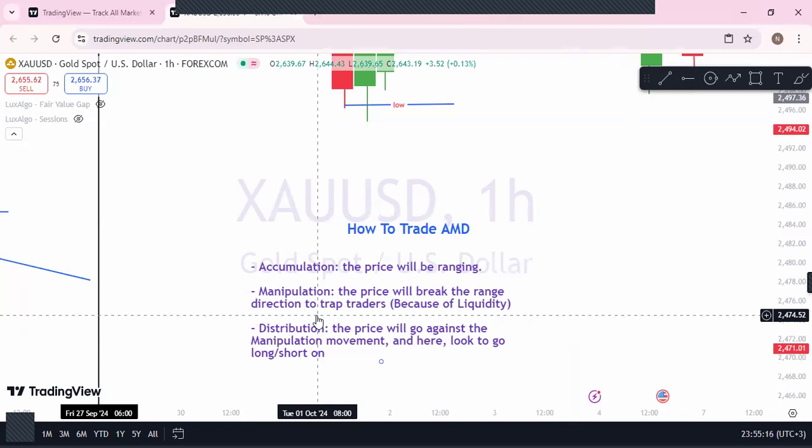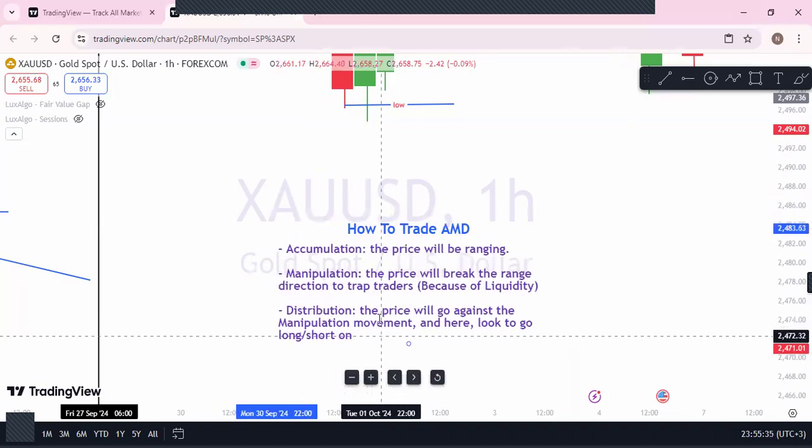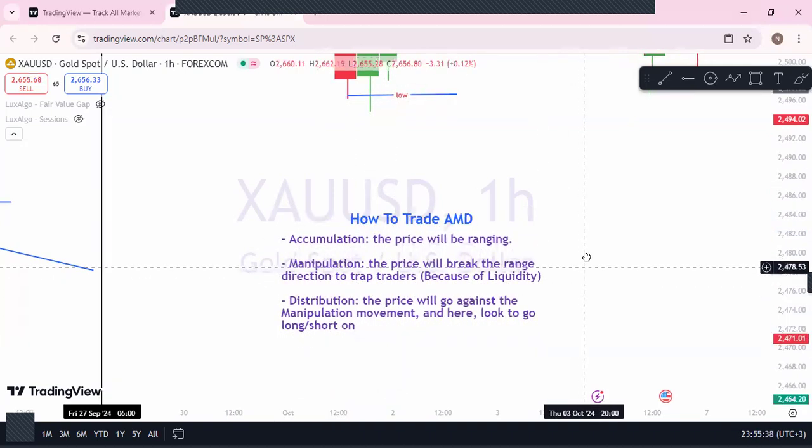So the price is manipulated, then the stop losses are taken out. That is why we call it manipulation. This shows the wrong movement of the market before going to the distribution stage.